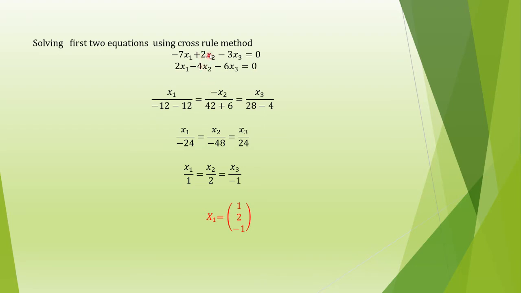Next for x2, multiply minus 7 into minus 6 is 42 and 2 into 3 is 6, this is minus of minus, plus. Next, eliminating x3, minus 7 into minus 4 is 28 and 2 into 2 is minus 4. Doing this you get minus 24, minus 48, 24. Taking minus 24 common, you get 1, 2, minus 1. This is the eigenvector for x1.